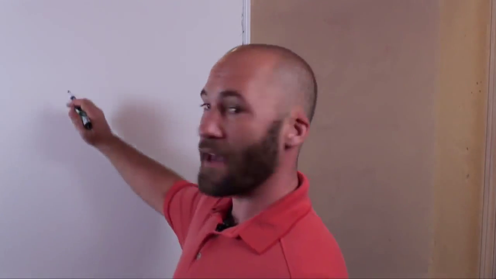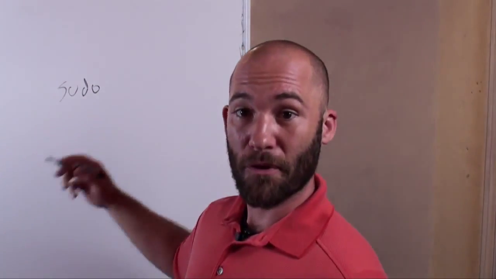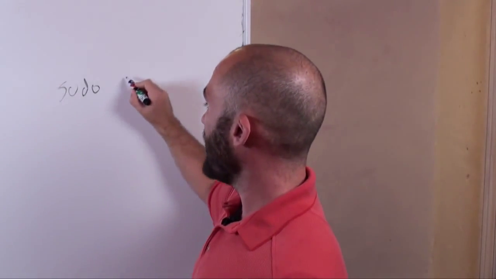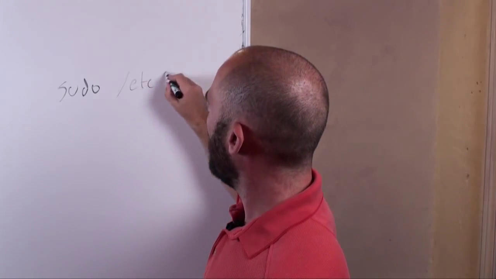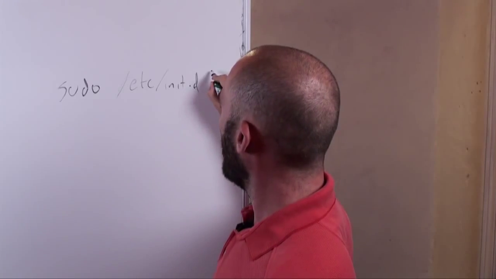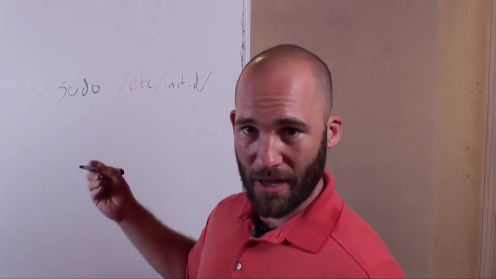Now, with this, what you need to do is type in the command sudo, remember, super user do. This basically means root do. You then have a space, /etc/init.d/ whatever the service is that you plan to be restarting.